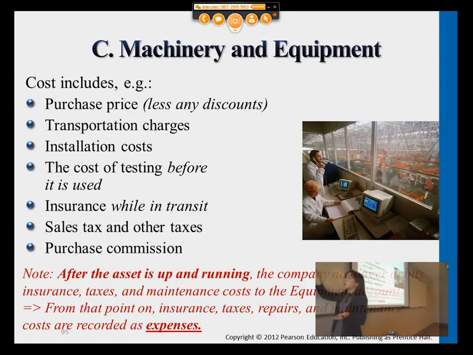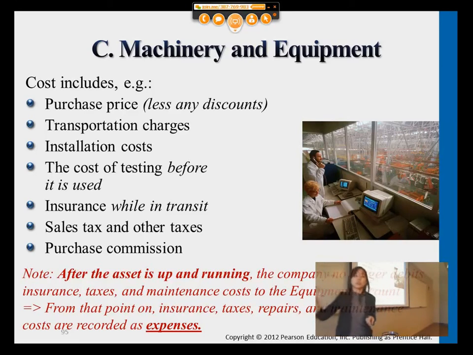Any major repair, we capitalize. So if a major repair extends the asset's lifetime for more than a year and we actually spent, let's say, $5,000 on it, then this $5,000 will go into equipment, not expenses. The lifetime of the asset has been extended and the cost of the asset will be added to.